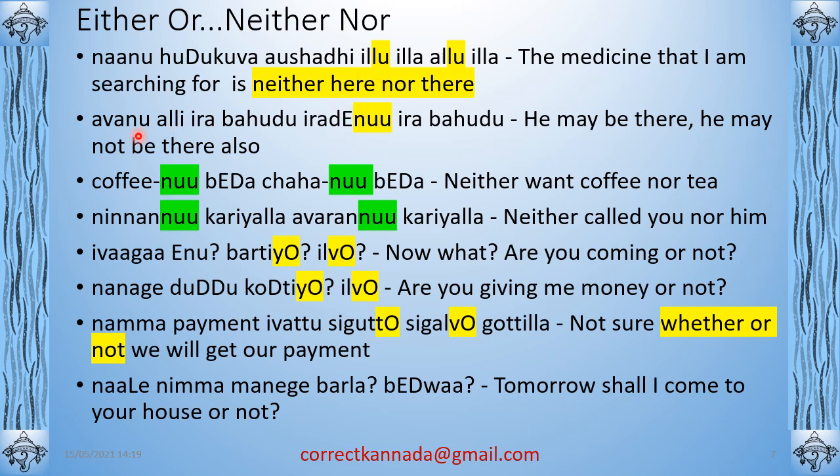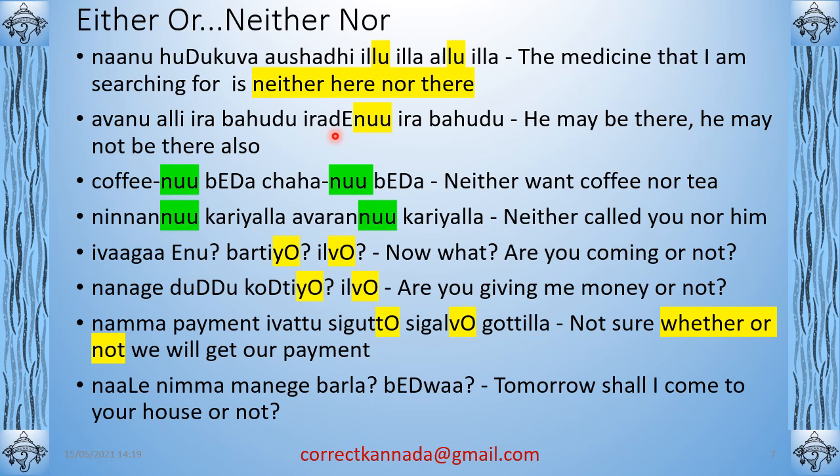Okay, more examples. Avanu alli irabahudu, iradenu irabahudu. Irade means being without being. Okay, this is called a negative participle. So if you go to the participles video, you will understand what negative participles are all about. So irade irabahudu.